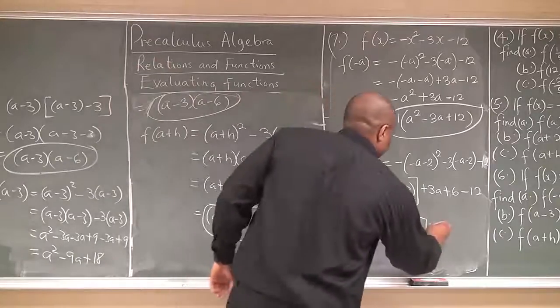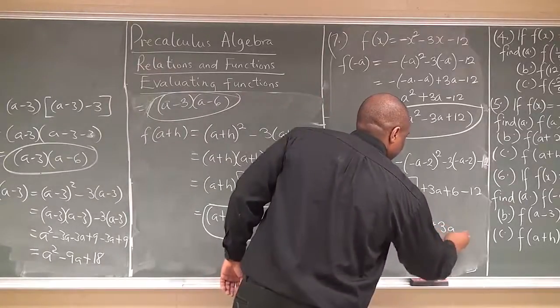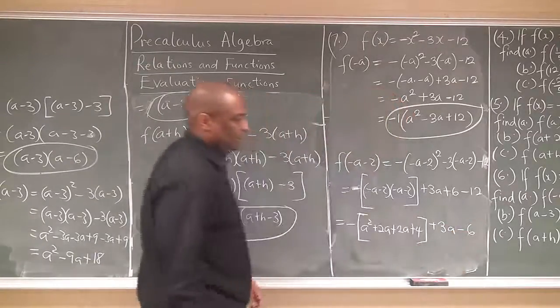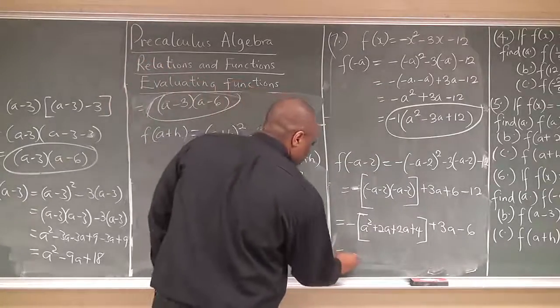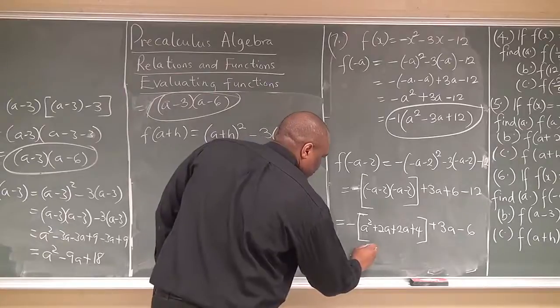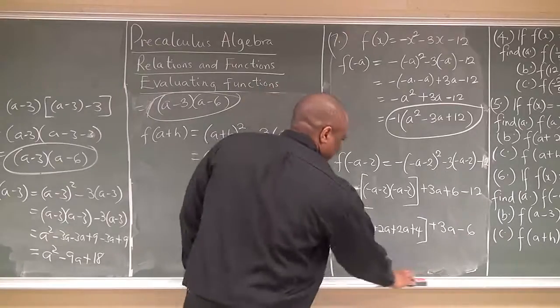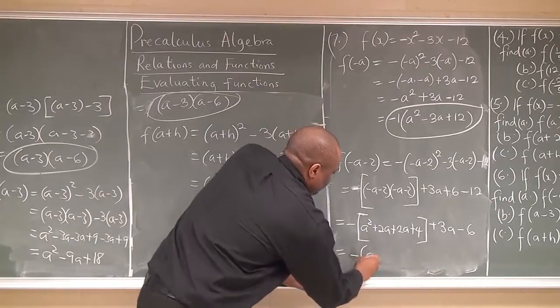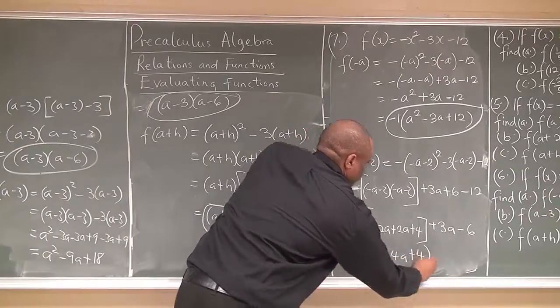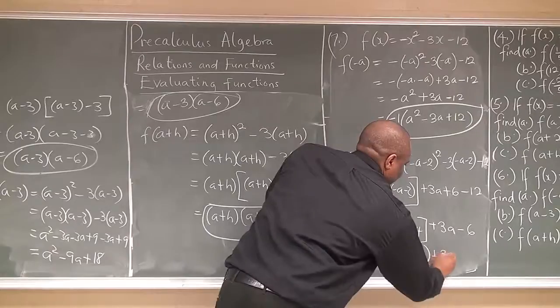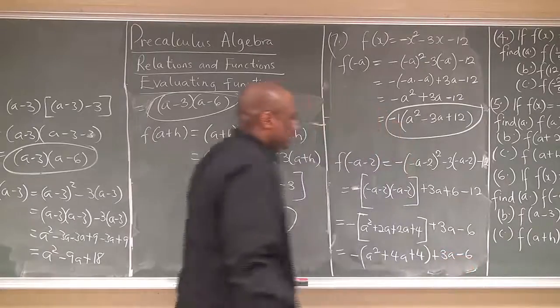Then plus 3a minus 6, because 6 minus 12 is minus 6. So this will be negative, I can now put parentheses here, a squared plus 4a plus 4, right? Then plus 3a minus 6.